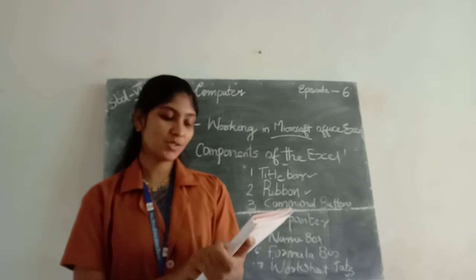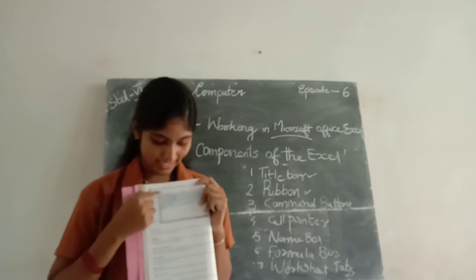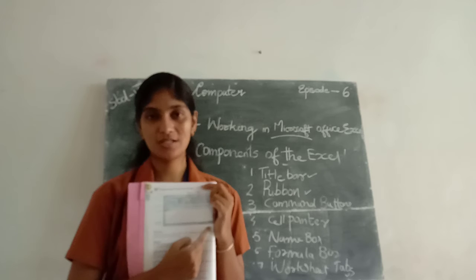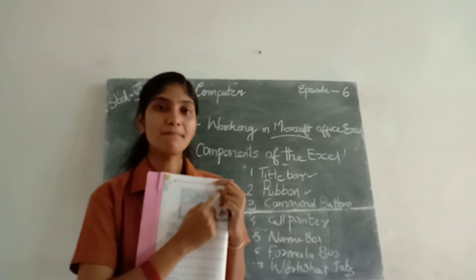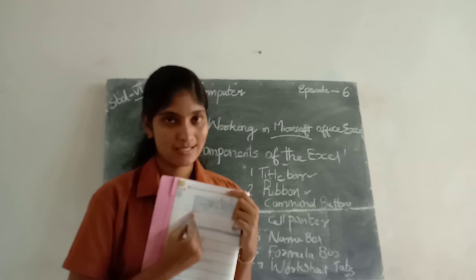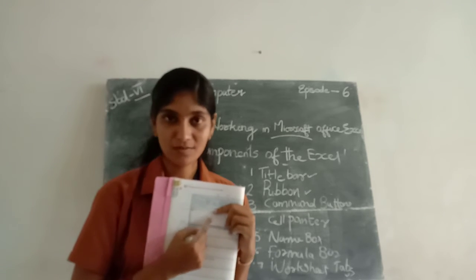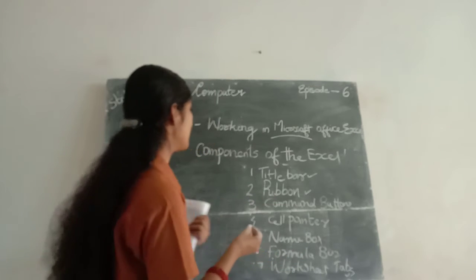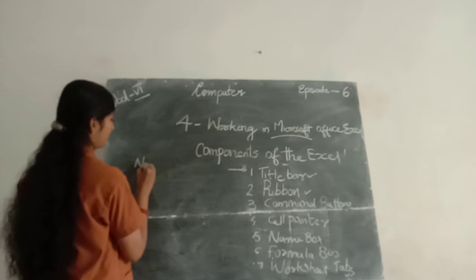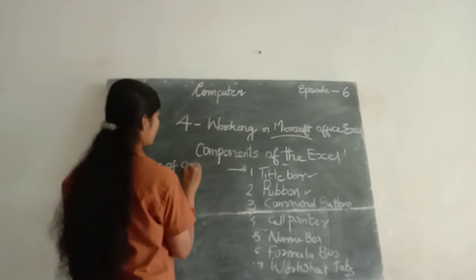So the title bar shows the name of the current workbook. So once again, this is the Excel spreadsheet, and at the top portion there is a long bar. Its name is title bar. Title bar displays the name of the current workbook.